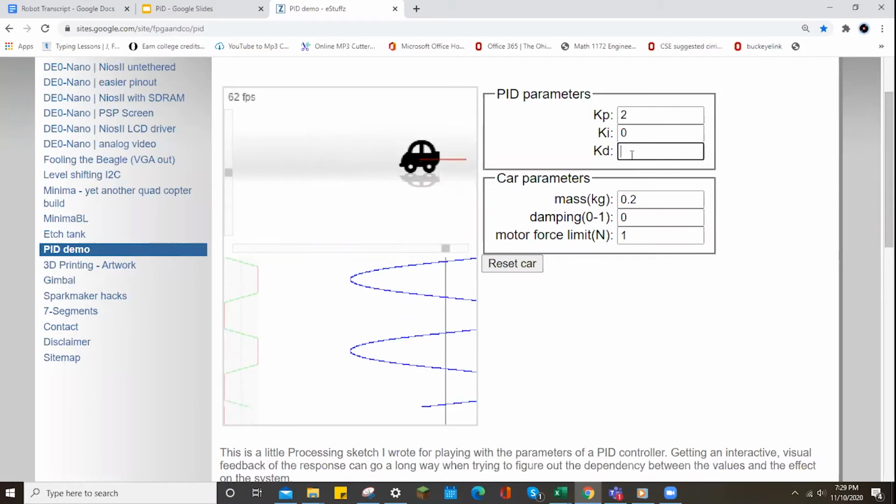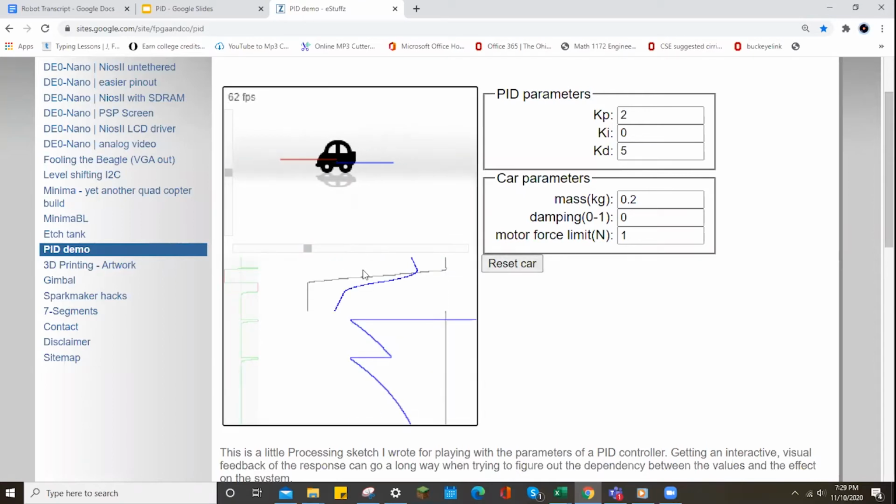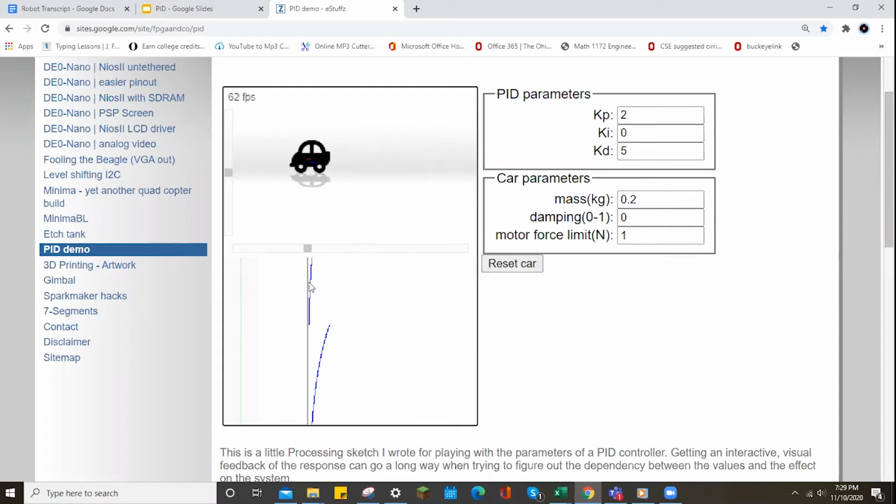So when we keep the KD at, say, 5, and drag it over here, notice how it almost never overshoots where it's supposed to go. Right, the blue line is right on there with the gray line, and it's not going past. It will go a little bit past, maybe a tiny bit, because these aren't perfect calculations, but it's pretty close to being on the dot.